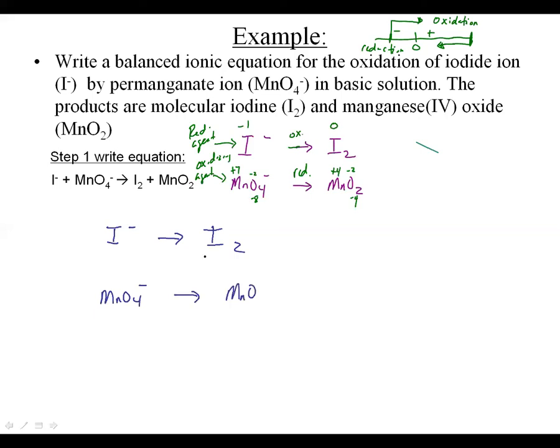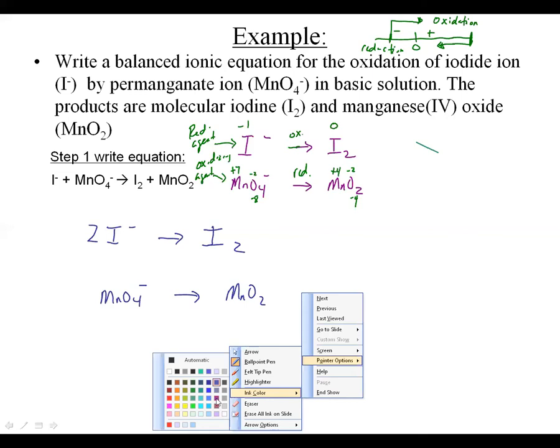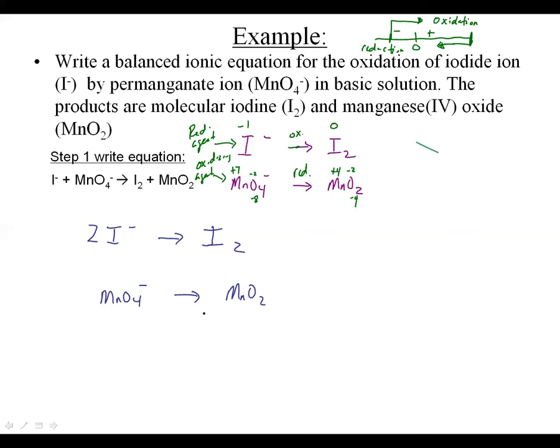The next thing you want to do is balance everything but oxygen and hydrogen with coefficients. So we do need to put a 2 here for the iodine. In terms of here, we have 1 Mn and 1 Mn, so we don't need to add any coefficients to the bottom.